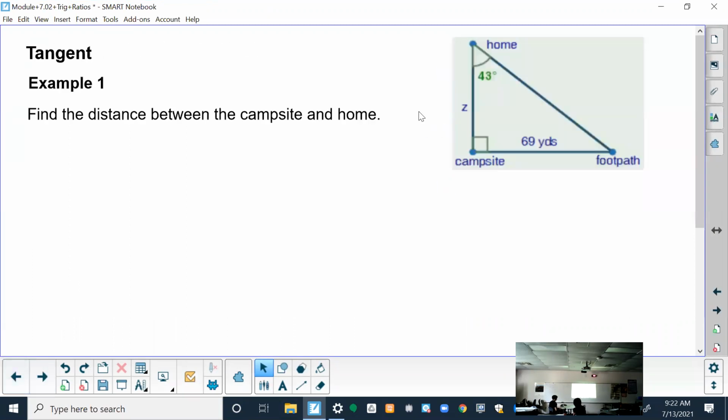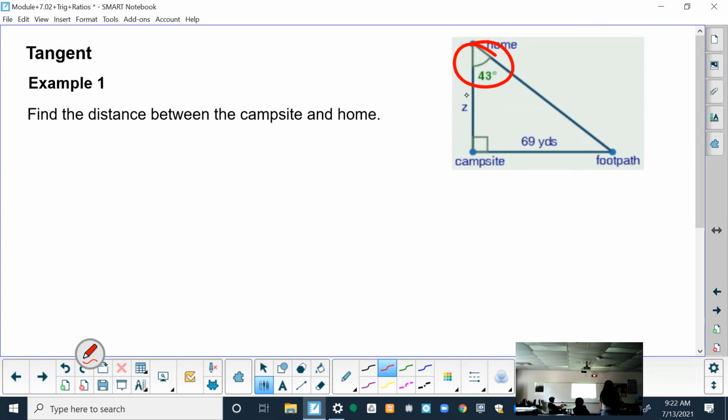Again, the practice won't tell you what function to use, like the note says. The quiz won't tell you what to use. You have to figure it out based on how this triangle is labeled. So look for the labeled angle measure. This is the angle measure that's labeled, 43 degrees.